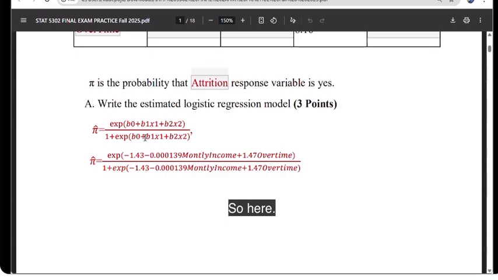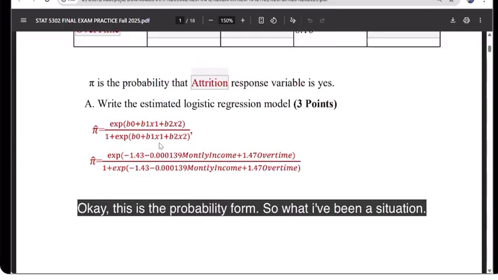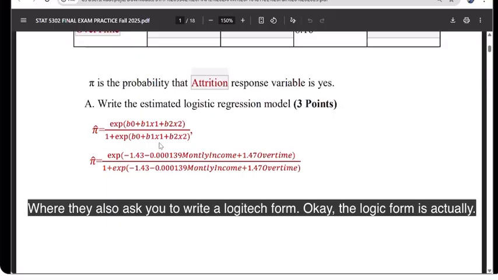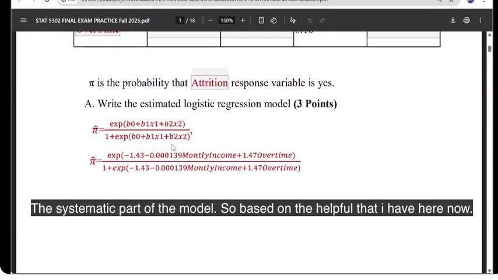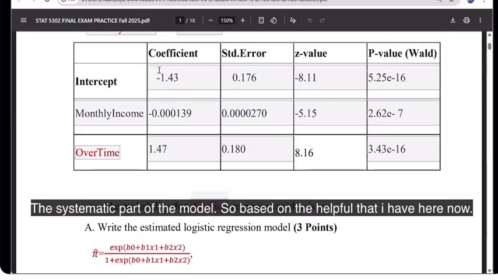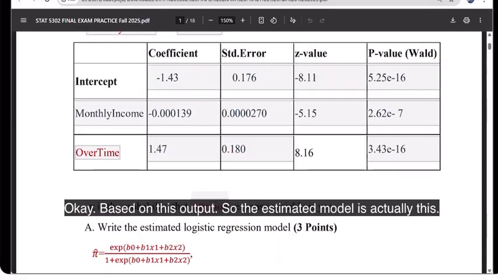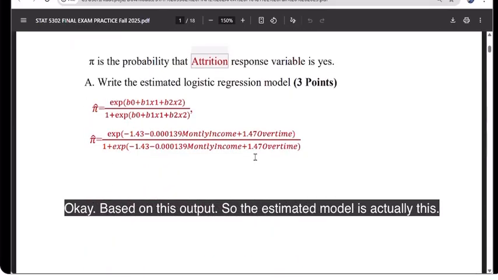Here, I only give the probability form. What if they also ask you to write the logit form? The logit form is the log of the odds ratio equal to the systematic part of the model. Based on the output I have here, the estimated model is this.